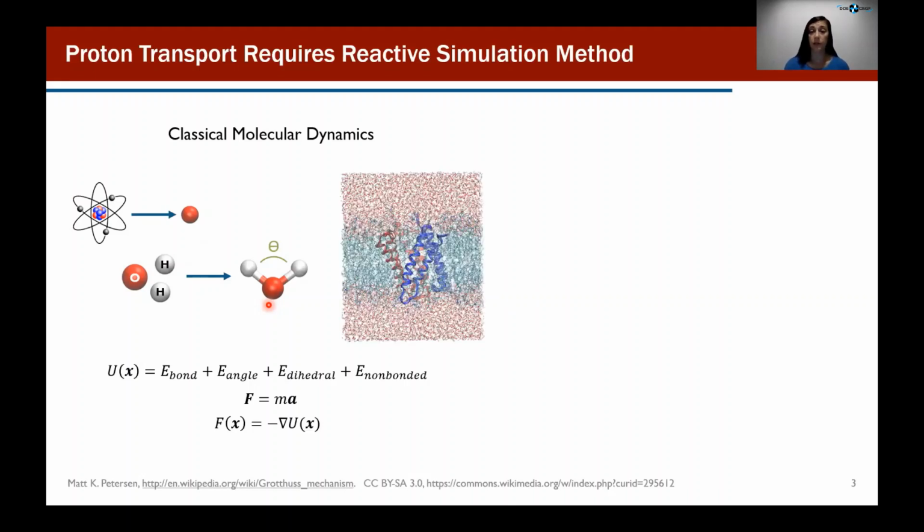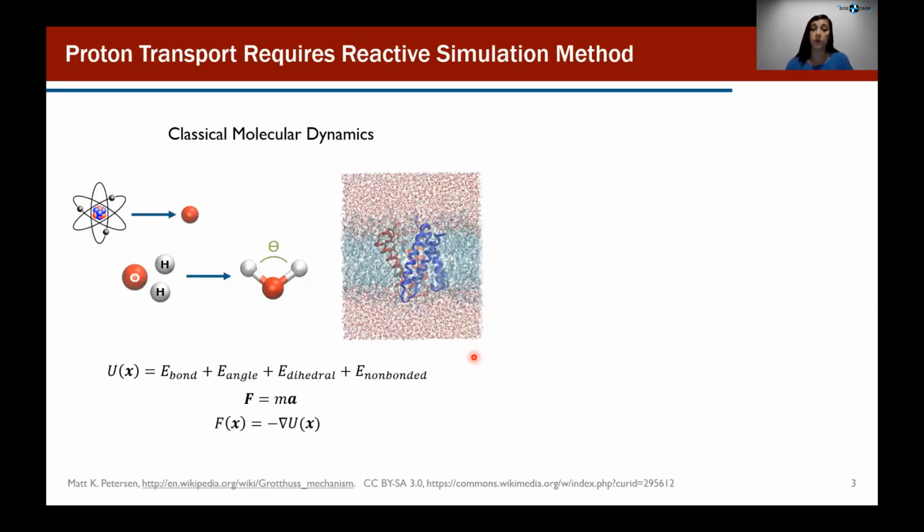You can then bring a bunch of molecules into your simulation box to define your system. And then you use a force field to define your interaction potential between all of the atoms, which is typically a function of bonds, angles, dihedrals, and non-bonded interactions. And then you use Newton's equations of motion to propagate the system in time and to move it forward by taking small, femtosecond time steps.